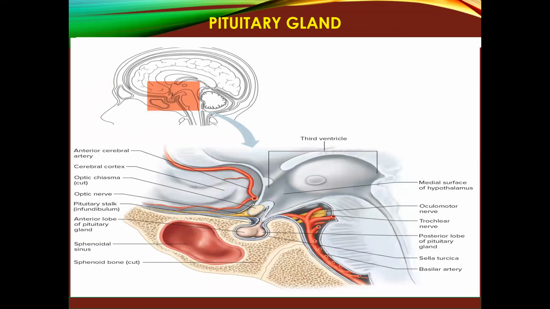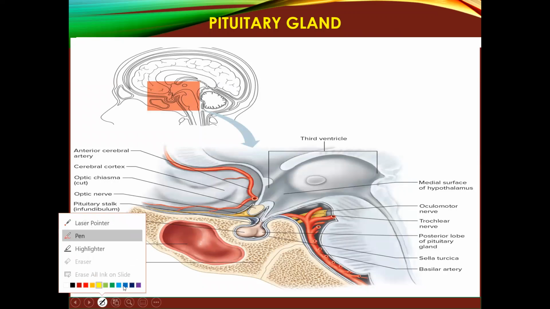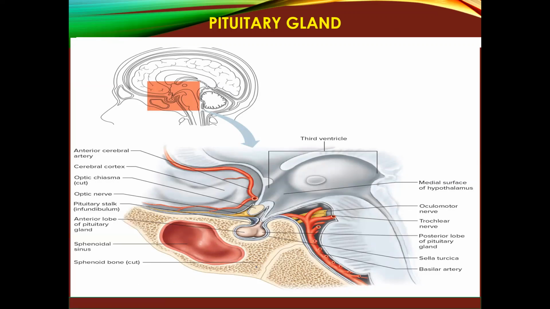Okay, so this is the location of the pituitary gland. If you see this gland over here, this is the pituitary gland. It has two portions. The anterior lobe is bigger. It produces 6 to 7 hormones, and the posterior lobe is smaller. There are 2 hormones in the posterior lobe.